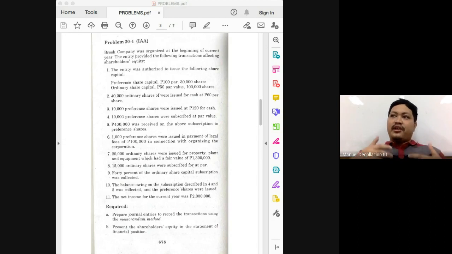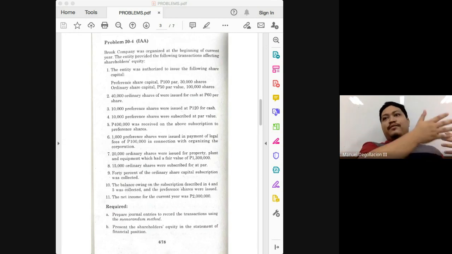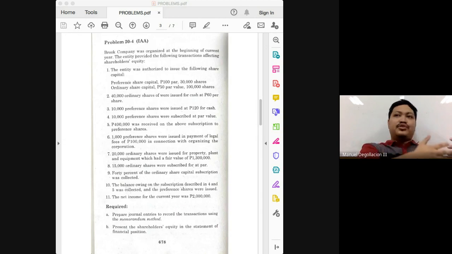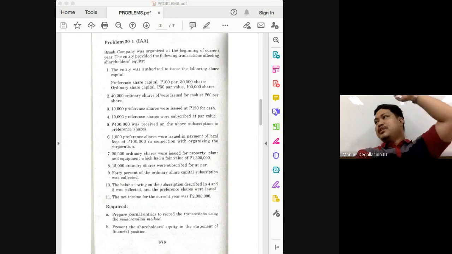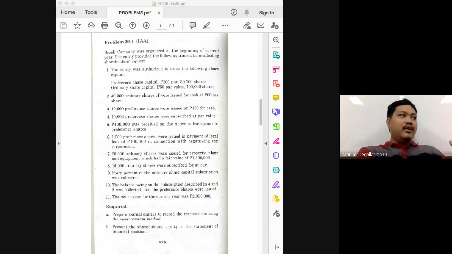Can these treasury shares be subsequently issued to outside parties? The answer is yes. Now, can your treasury shares be reissued at a price below the par value? The answer is yes. Because again, our rule prohibiting the issuance of shares below par value applies only to their initial issuance.